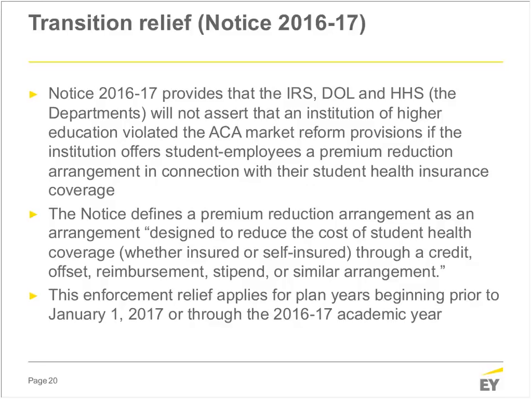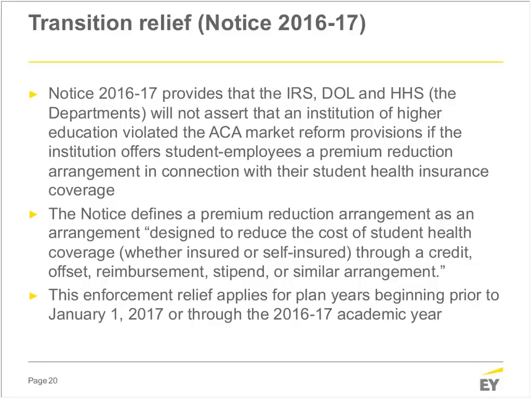The reason that happens is because it violates the market rules that were created by the Affordable Care Act. Because they heard that there were so many institutions doing this, and given the complexity of the ways that universities were subsidizing this coverage for students, they realized that universities weren't going to be able to come up with a quick fix to bring their plans into compliance.